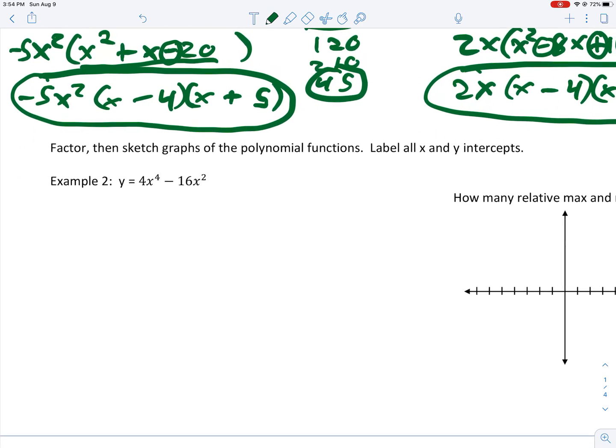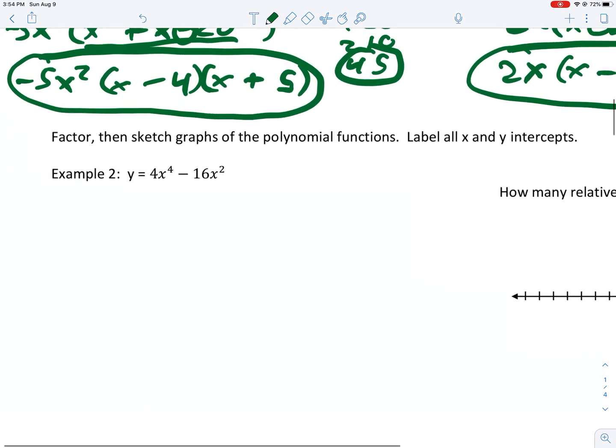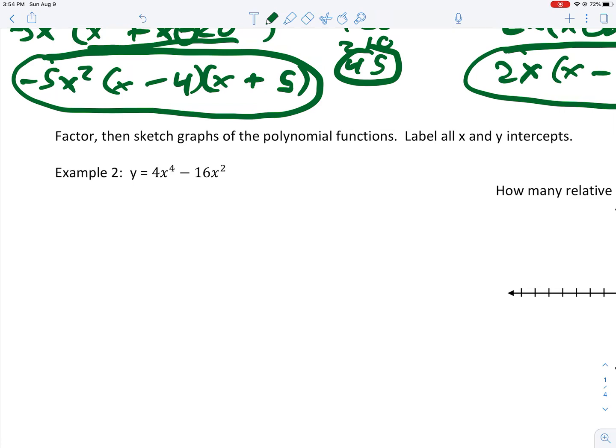So we're going to have to factor this and then sketch our graph. Okay. So we have y equals 4x to the 4th minus 16x squared. So 2 terms, GCF, right? So I can factor out an x squared and a 4. Right, so this will give you x squared minus 4.